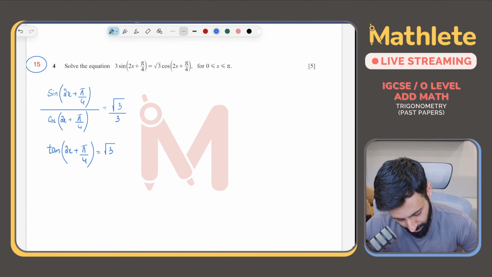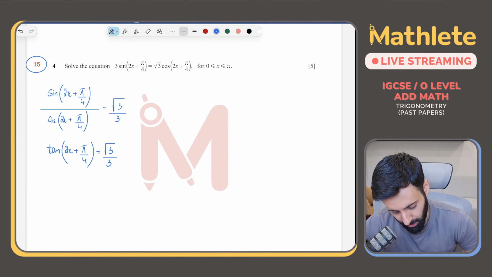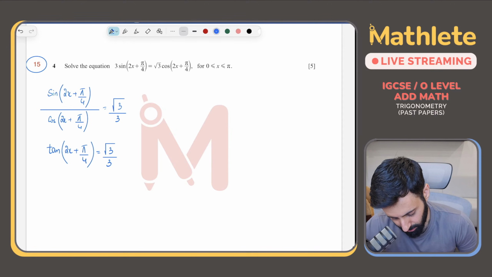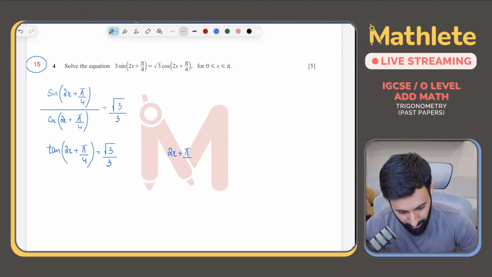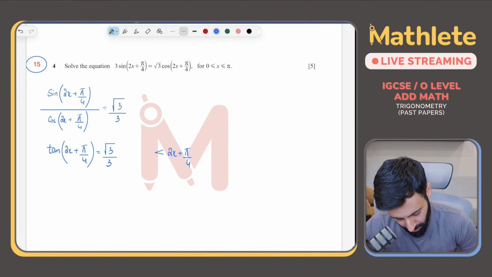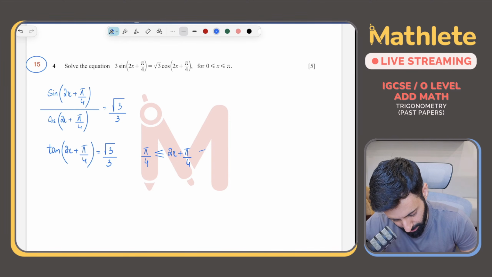Now let's alter the range as well. So we multiply every side by 2 and we add pi upon 4, so that means the new range for 2x plus pi upon 4 is greater than or equal to pi upon 4 and lesser than or equal to pi into 2, that's 2 pi, plus pi upon 4.